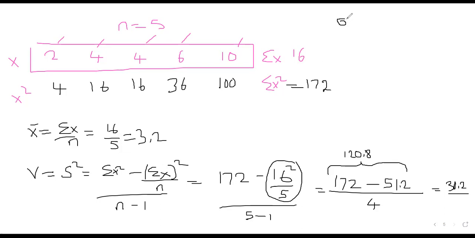Good. So this is called our variance, 30.2.